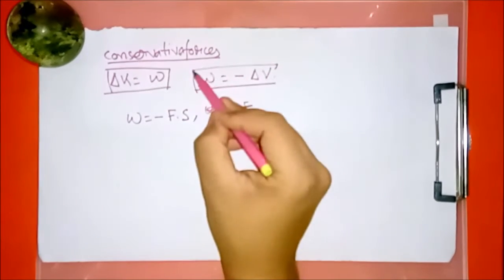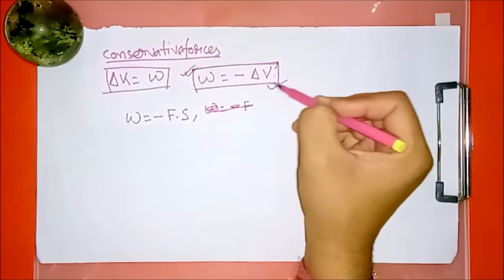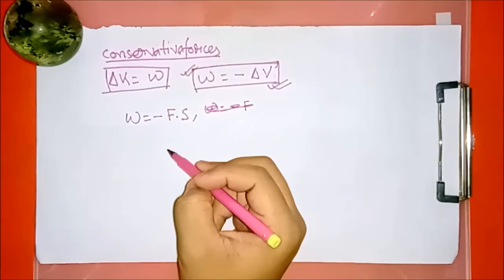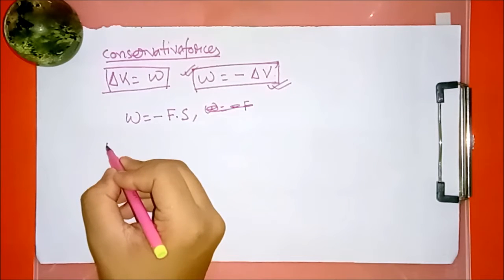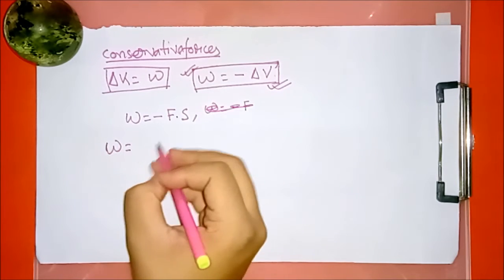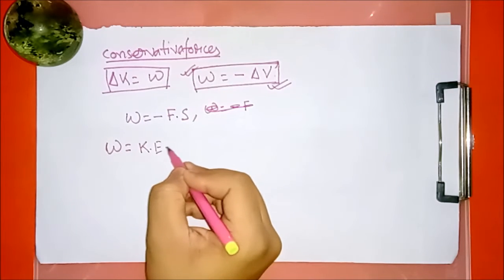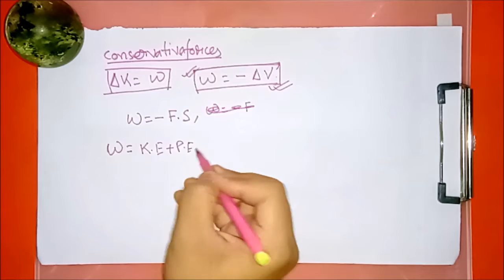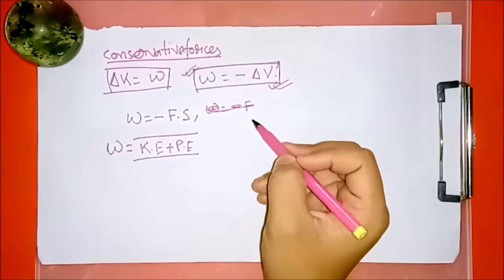So it is quite important to note that for conservative forces, this is also a rule. There is also an important manipulation for conservative forces, that the summation of kinetic energy plus potential energy at any instant of the path is constant, as it is path independent.